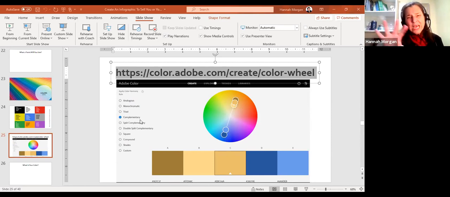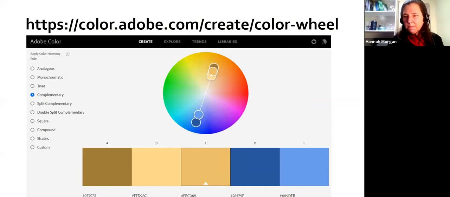So they're all different types of pairings or matchings you can use to select colors just by picking that one primary color. So if you want to go ahead and see what you can find for your match.